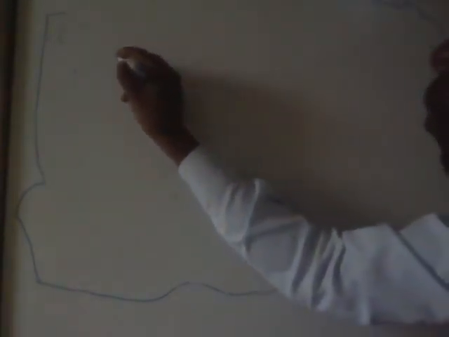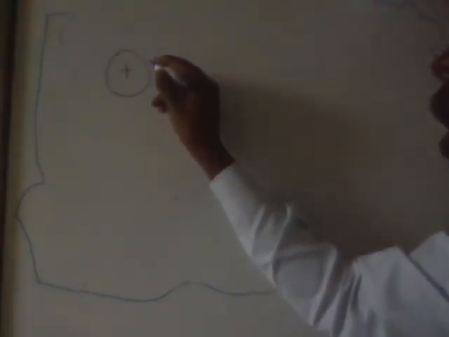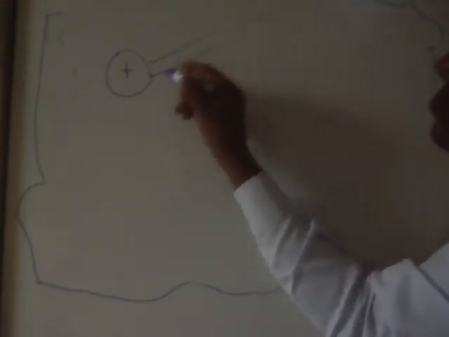So they want to test us on the characteristics of electric lines of force. Which of the following statements is correct? If I have a positive charge here, the electric lines of force move out.